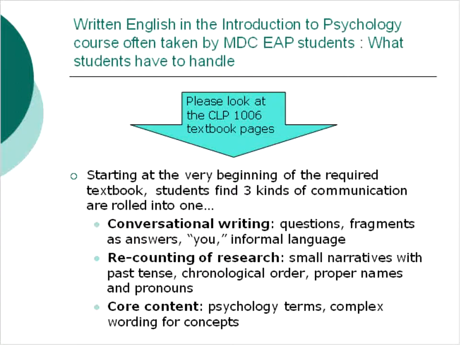Then there are recounts of research that are small narratives with past tense, chronological order, proper names, and pronouns, just like little stories. And then the core content, the psychology terms, and the really complicated wording for those concepts. So students have to go from conversational writing to recounts of research to core content and back again. It's all mixed up together.